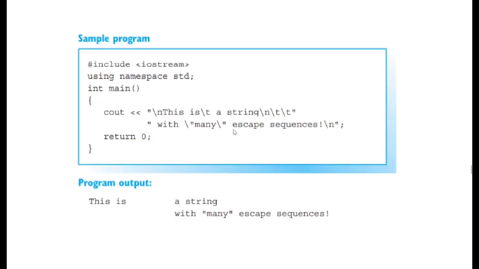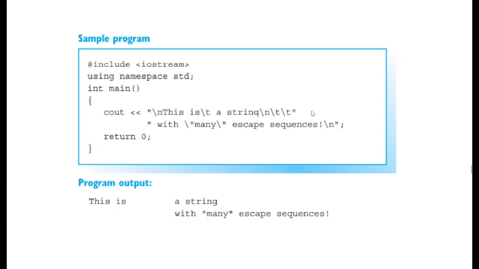So we start here with our preprocessor for inputting, outputting into the console log. We have the standard namespace and then our main function that will run our code. We start out with cout, so we're outputting to the console, and right away we have a string, but it looks quite robotic.